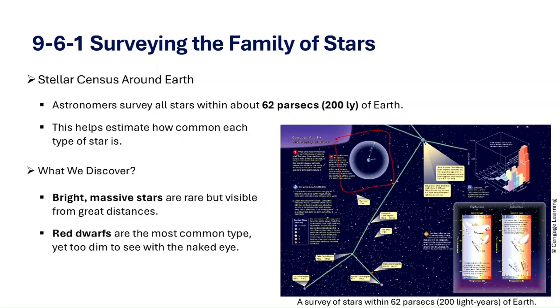Now, in contrast, the red dwarfs, small, cool, and dim stars, make up the vast majority of stars in our neighborhood. And there are so many of them, they are the most common type of star in the galaxy. But they are too faint to be seen with the naked eye. So the stars we see in the night sky are not typical of the stars that exist.